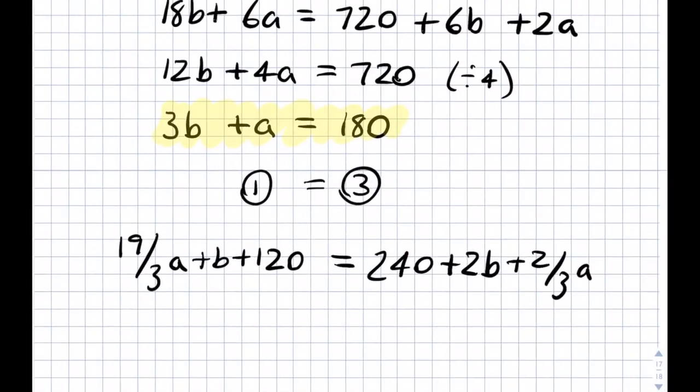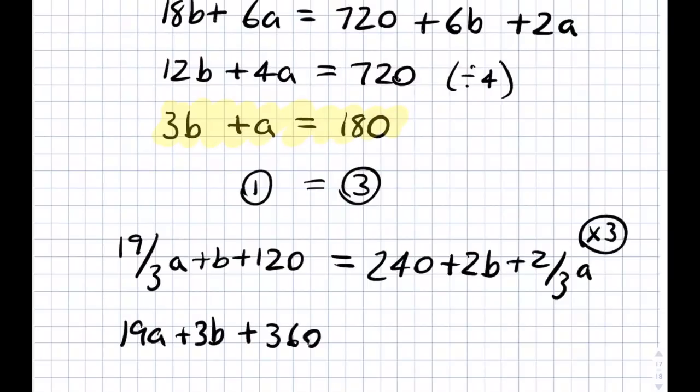Okay, so again, to make life easy, I'm going to multiply through by 3. So that becomes 19a plus 3b plus 360 equals 720 plus 6b plus 2a.